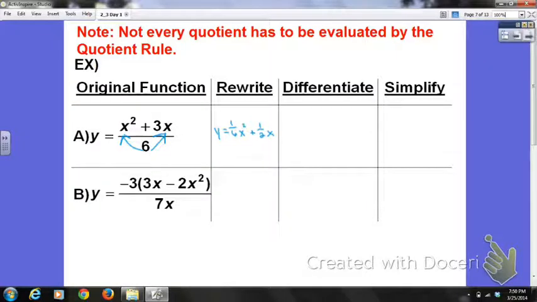If I differentiate that, I then have y prime equals 2/6 x plus 1/2. And then I clean that up by y prime equals 1/3 x, or x over 3, whichever you prefer, plus 1/2.